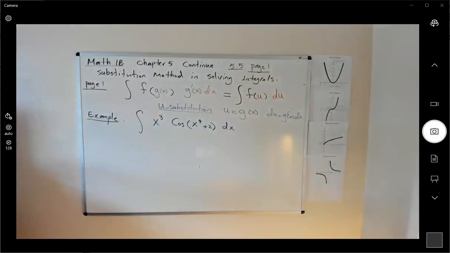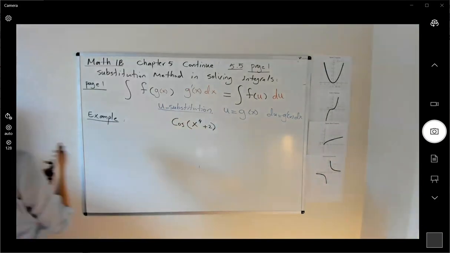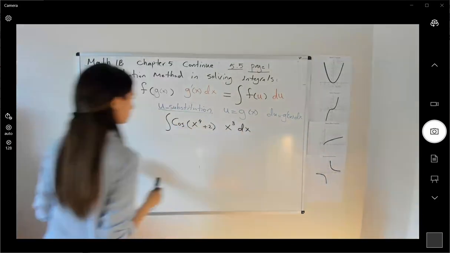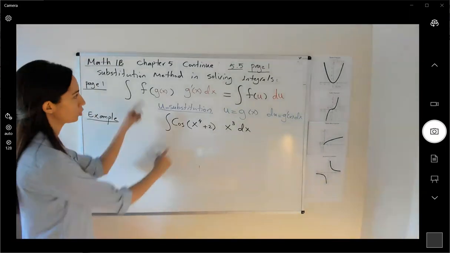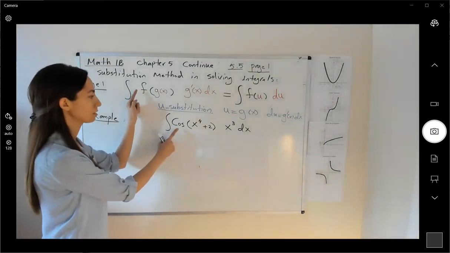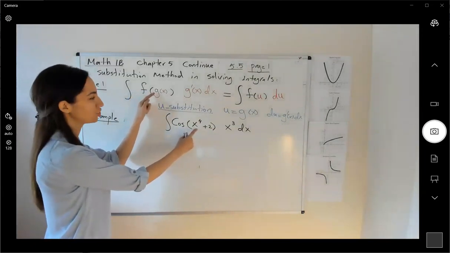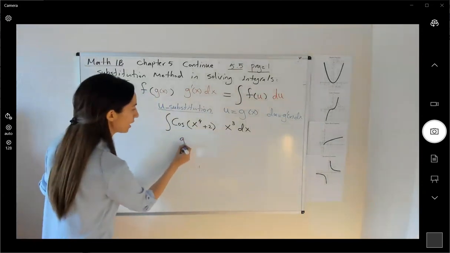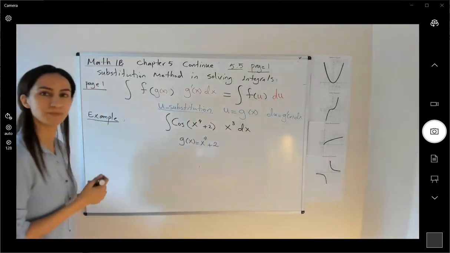Okay, so let me write x to the third next to dx for you. Perfect. So your function f is cosine. The inside function is g of x equals x to the fourth plus 2.